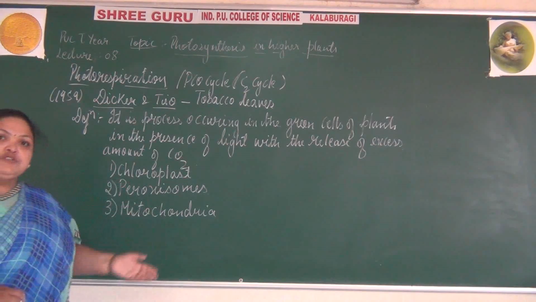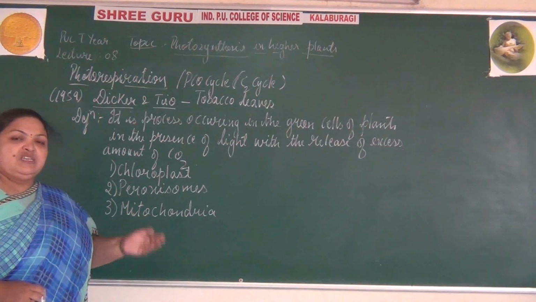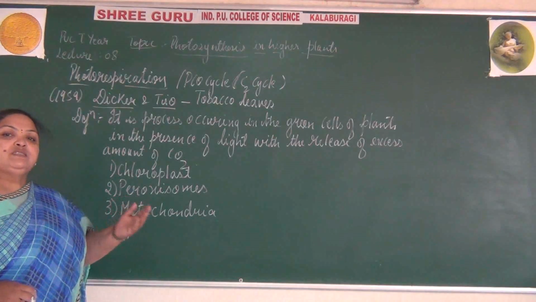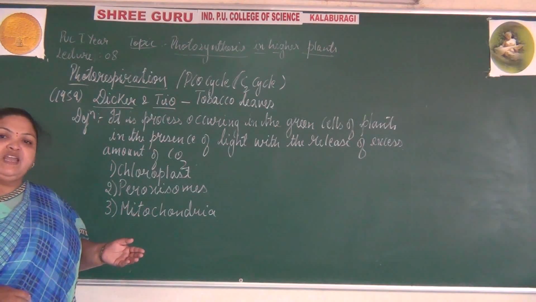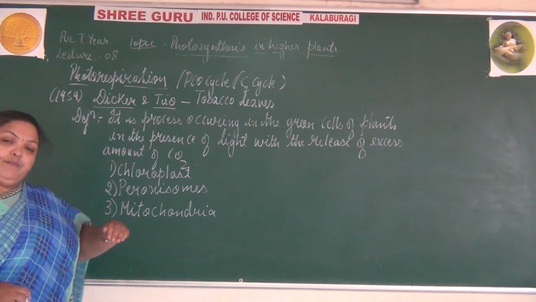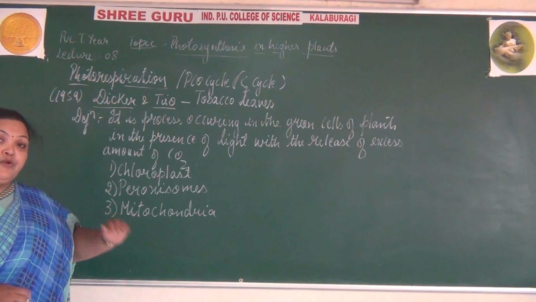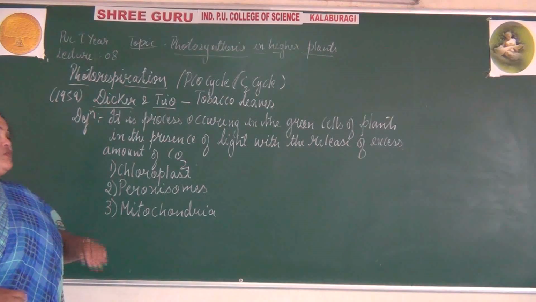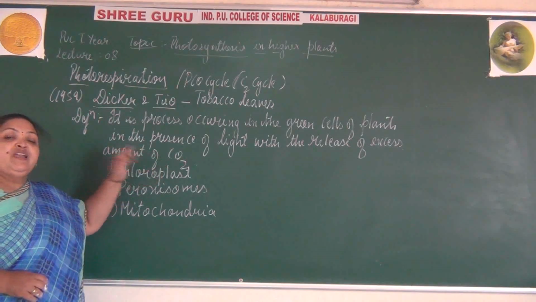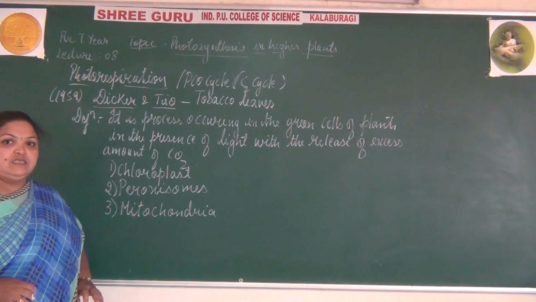Why? It is using ATP, nor is it helping in the formation of any glucose component, but it is conducted, and the end product formed is carbon dioxide, which is released in excess amount.